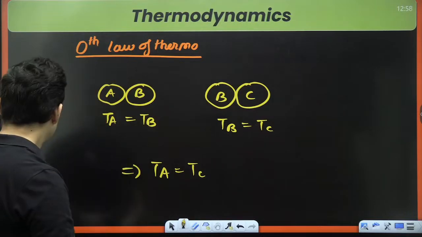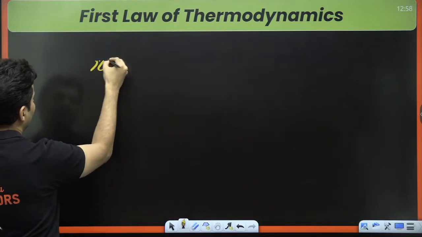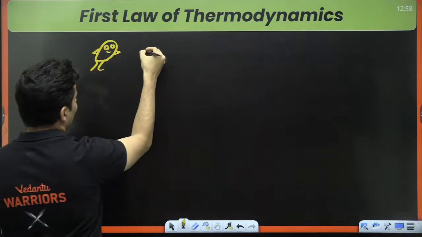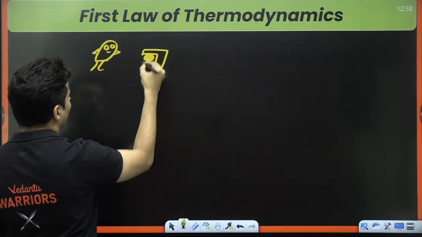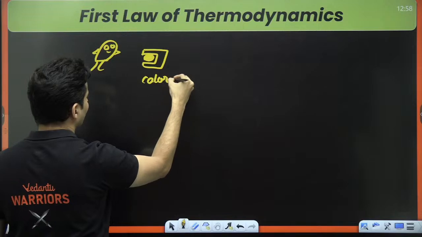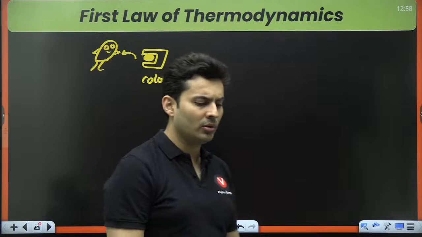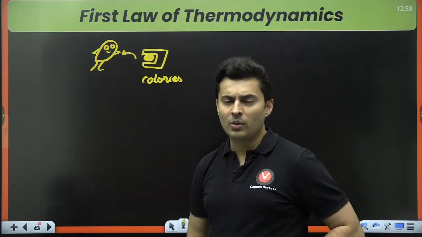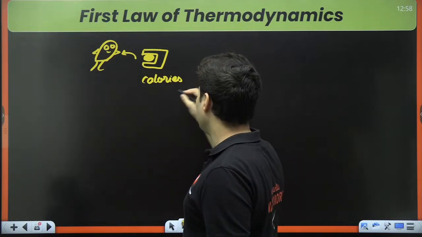Very good. Then talking about the first law, it's about this Pandu story. Pandu is very hungry, just like you are. So what does Pandu eat? Pandu eats vada pav, and vada pav has calories. You eat idli, dosa, paratha, Maggi, noodles, kathi rolls, pizza, burger, some calories. That calories is basically heat.